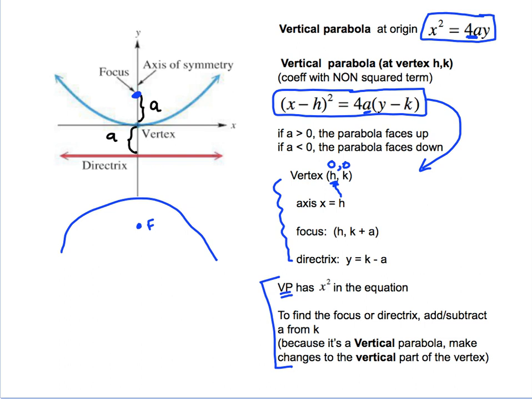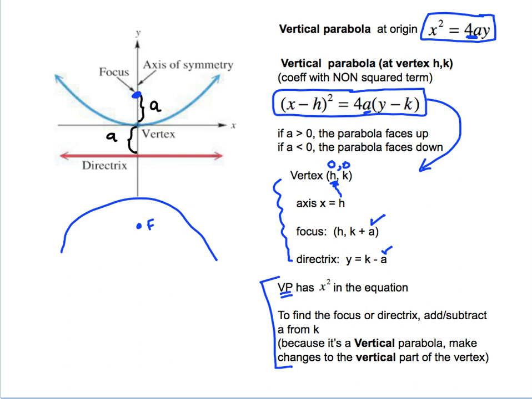If it's a vertical parabola, you are using this information right here to find the vertex, the axis, the focus, and the directrix. Also, so that you don't get confused with the horizontal parabola, which we'll hit a little bit later, it's this. To find the focus or the directrix, notice what we've done. We've added a to k, or we have subtracted a from k. And the reason that happens is because this is a vertical parabola.